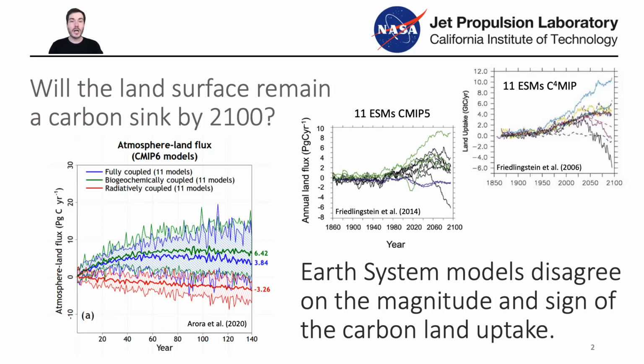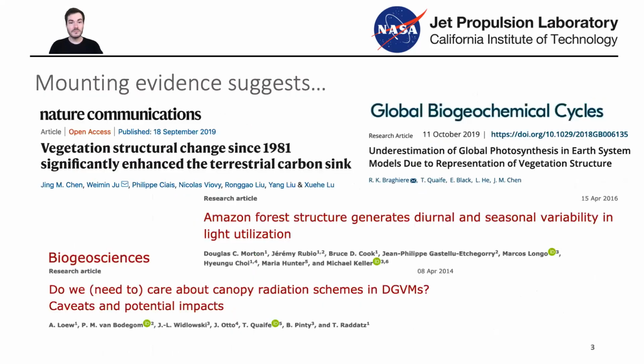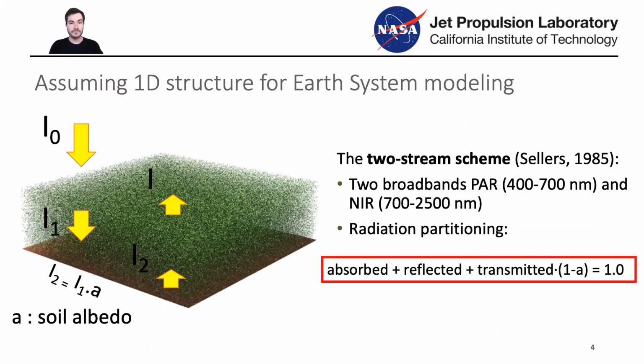And that is because these models have to be run over large areas for very long periods of time. However, mounting evidence suggests that canopy structure, or the 3D nature of vegetation architecture, is important for radiative transfer, and it has impacts on local and global photosynthesis.